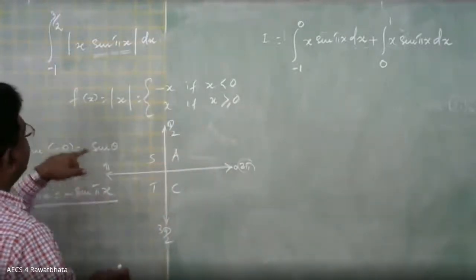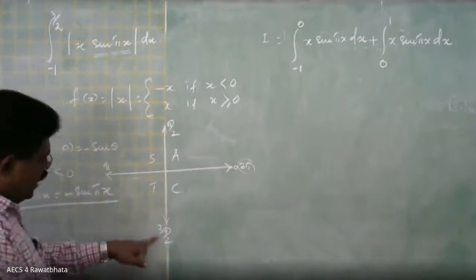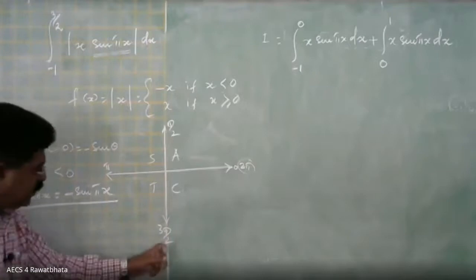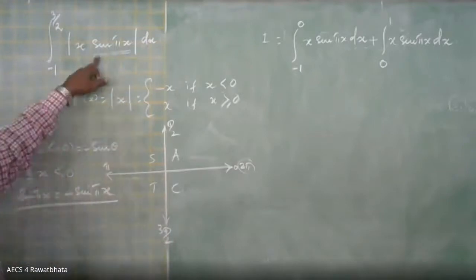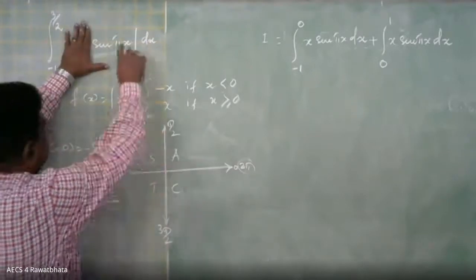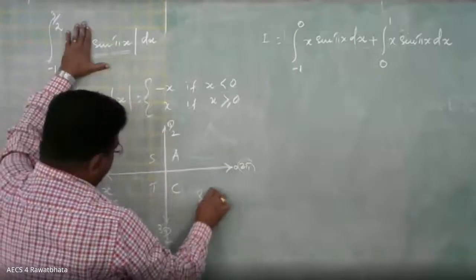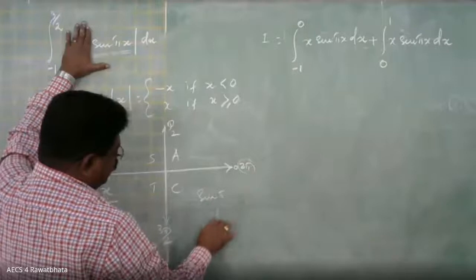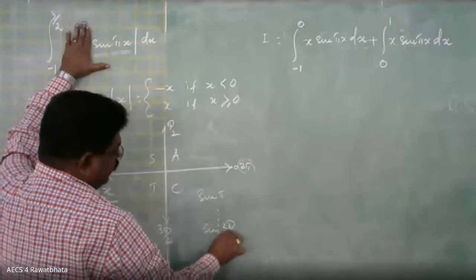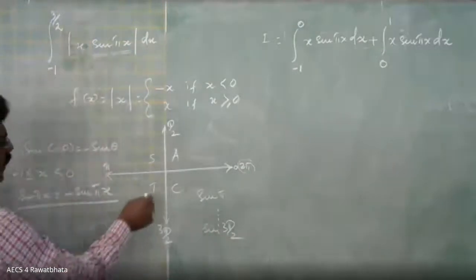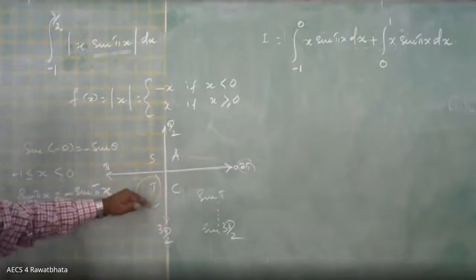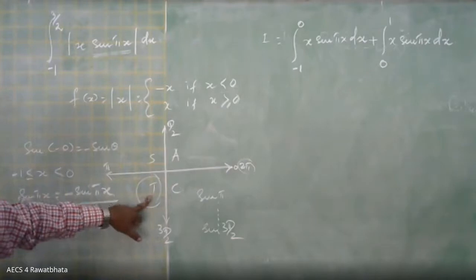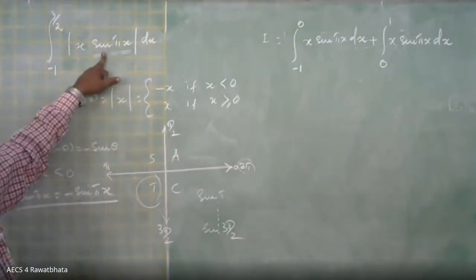Now let us count 1 to 3 by 2. Here x is positive, but sine of pi to sine of 3 pi by 2 is under the third quadrant. In the third quadrant, the sign is negative.